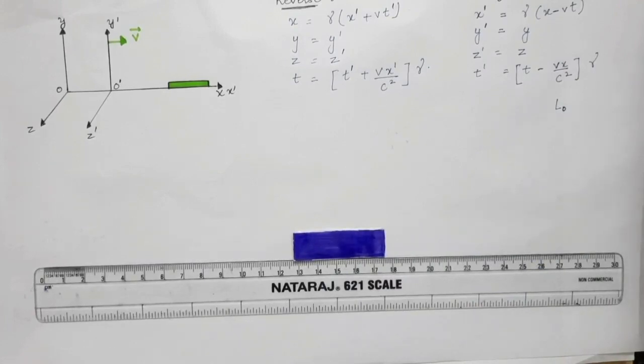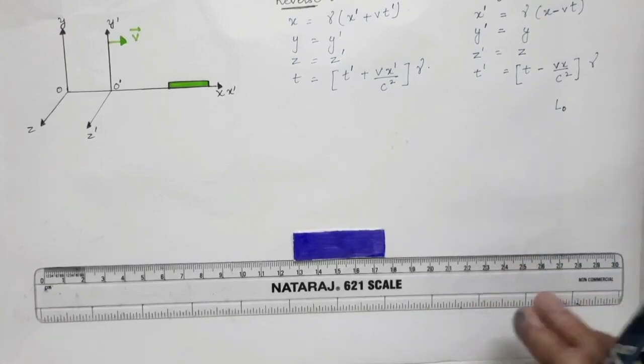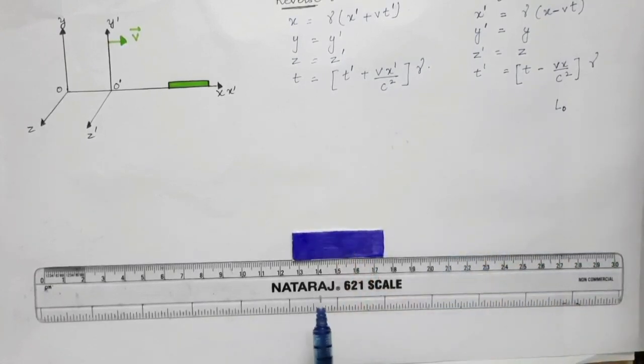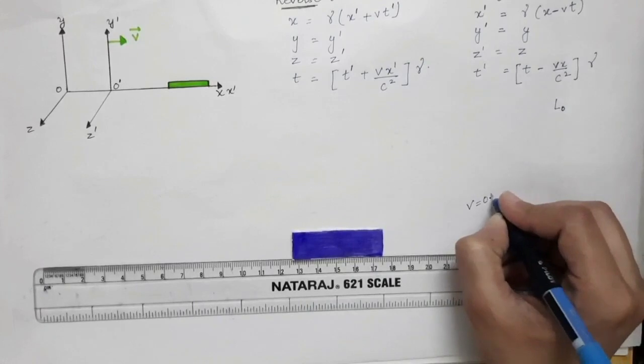In that case, the length will be less than the proper length of the object. Let's say if this object is at rest, its length is 5 centimeters. Now let's say it starts moving with the velocity of 0.7 c.